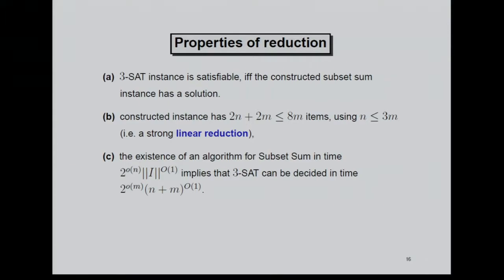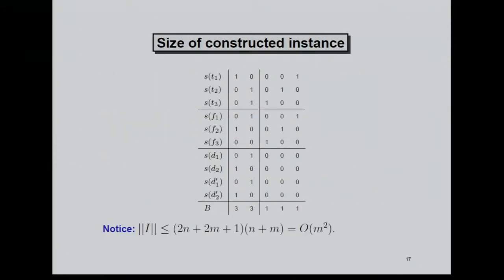What's also interesting is that you could look at the size of the constructed instance, of all the numbers. So we have 2n plus 2m plus 1 numbers here, and we have 2n plus m positions. It means the total size of the instance can be bounded by m squared.